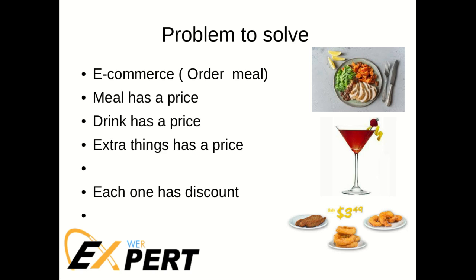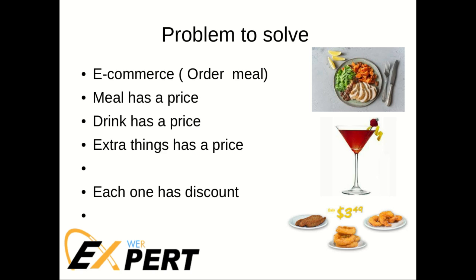Like in our example here, when you order a meal, you need a drink and extra things, and each one of them will have a price. So we have to add their prices to the meal price.